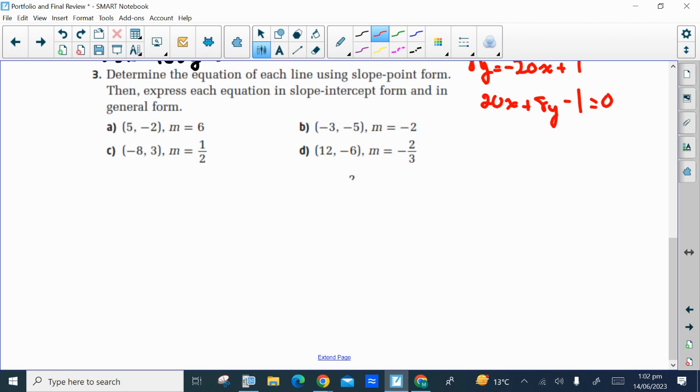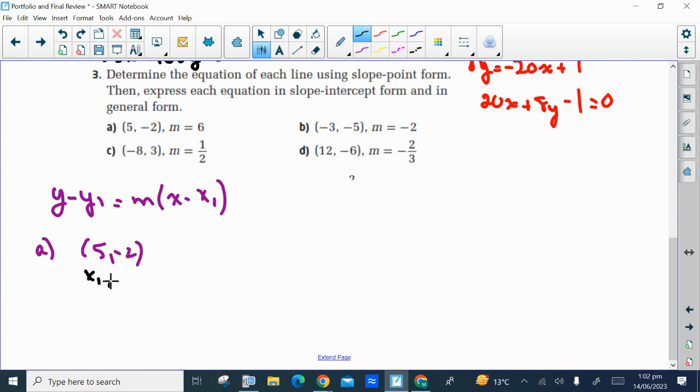For number 3, it says determine the equation of each line using slope point form. The slope point form was y minus y1 equals m bracket x minus x1. So to do this, you take the point, 5 comma negative 2. That tells you what x1 and y1 are. You see, most equations have an x and a y in them. That's what the x and y are used for in this equation.